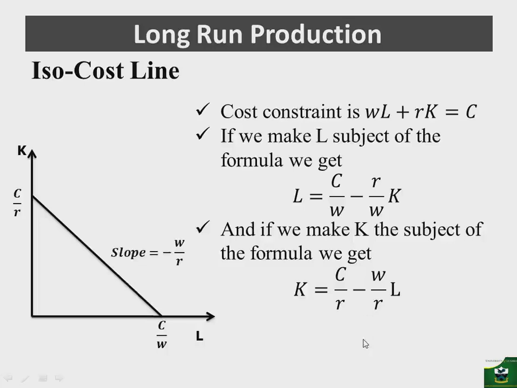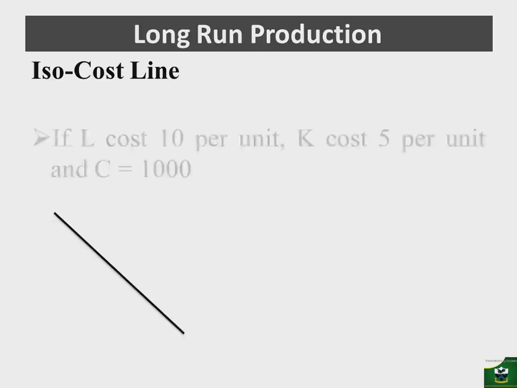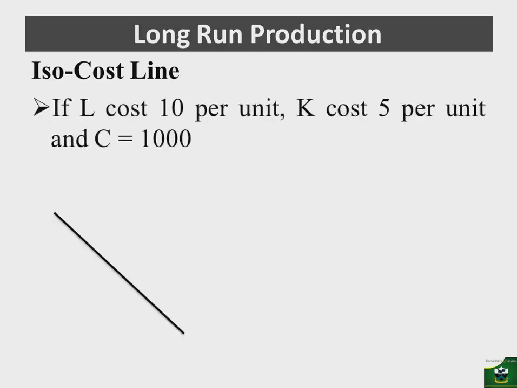Let's take an example with numbers so that we see how this can be plotted. So if L costs 10 per unit and K costs 5 per unit with a total outlay of 1,000, the cost constraint can be written as 10L plus 5K equal to 1,000.